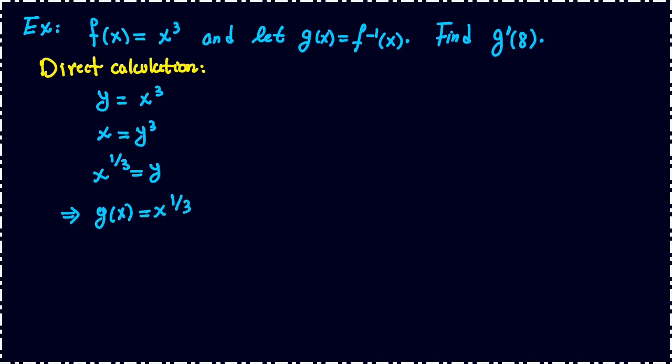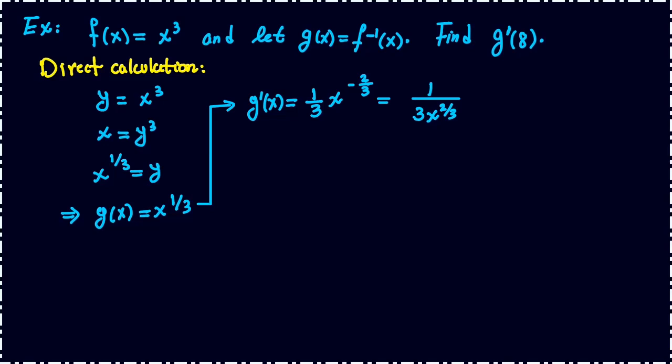And then we can take the derivative of the inverse function. G prime of x is, using the power rule, bring down 1/3, subtract 1 from the power. You get 1/3 minus 1, that's -2/3. You can write the inverse as 1 over 3 times x to the power of 2/3.